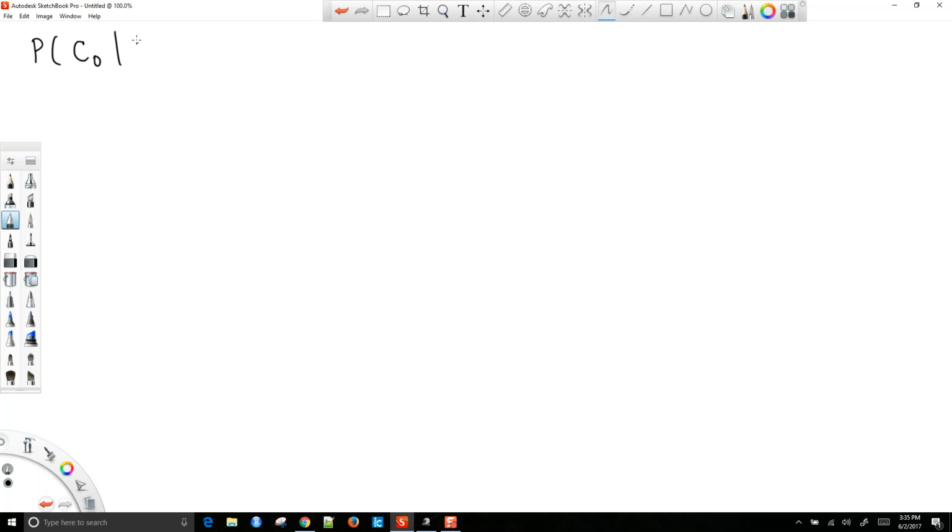And basically, when we look at the corpus of documents, this is basically pooling all of the words for documents labeled 0.